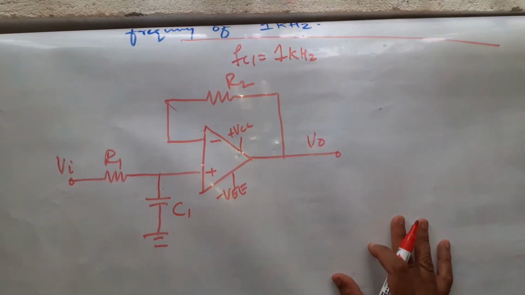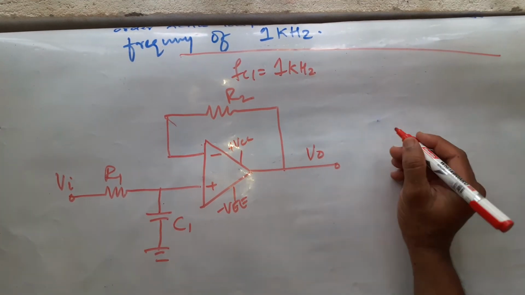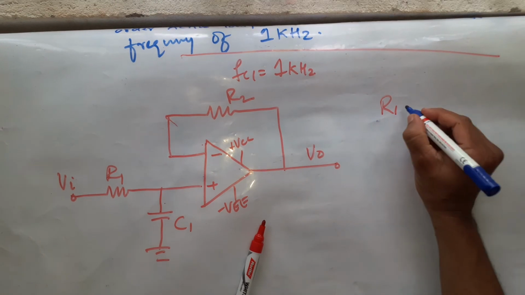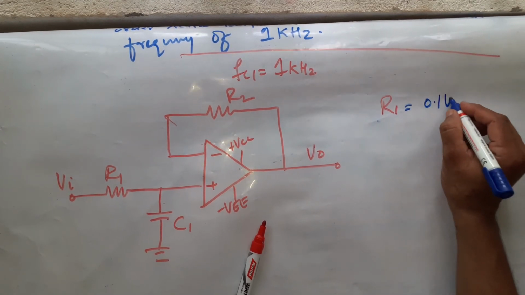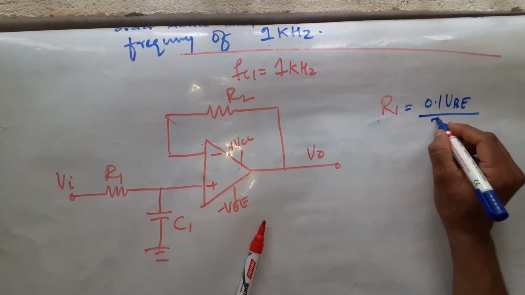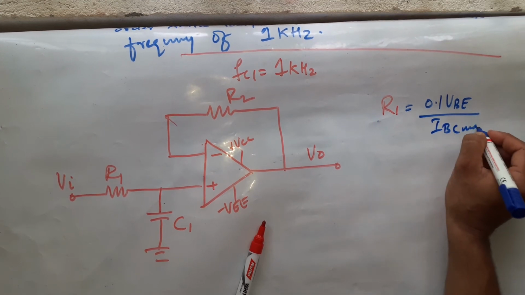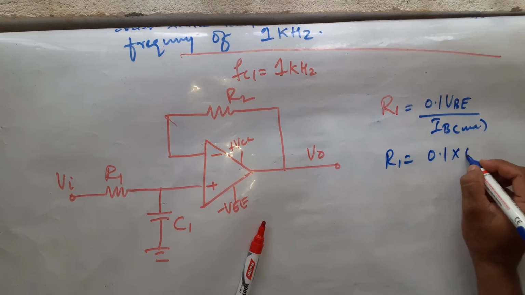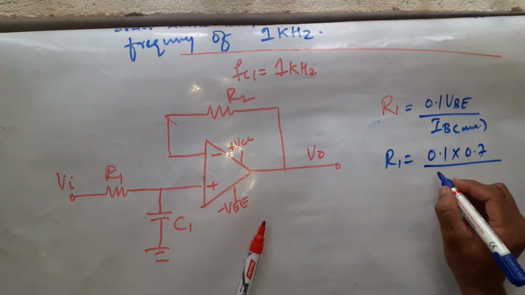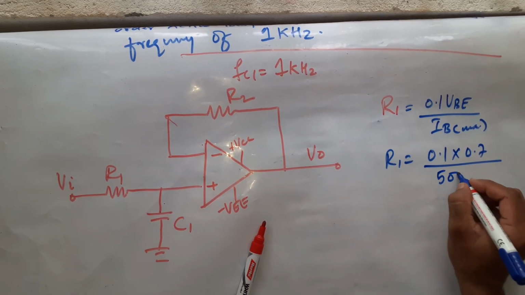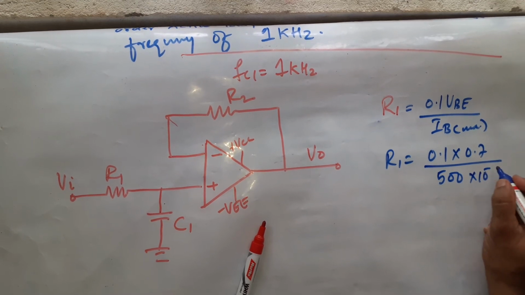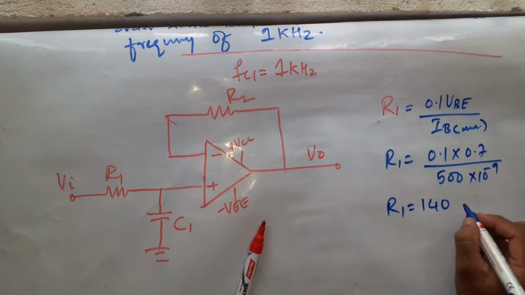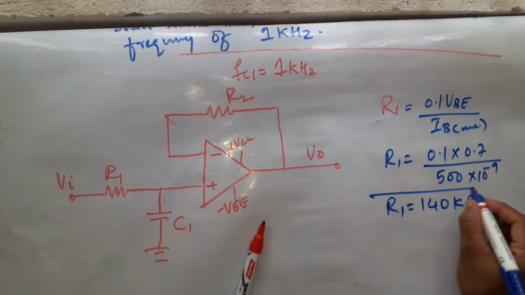Now FC1 is given. We know that R1 is equal to 0.1 VBE divided by IB max. VBE is 0.7, IB max is how much? 500 nanoamperes. So this will give you R1 equal to 140 kilo ohms.